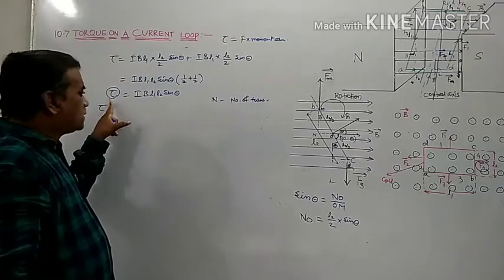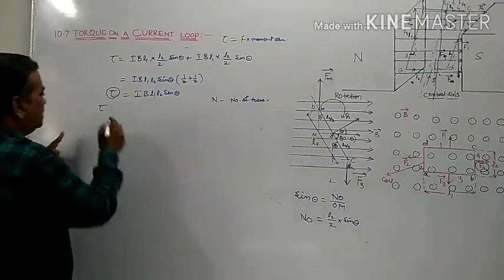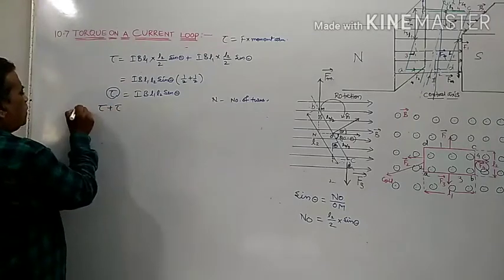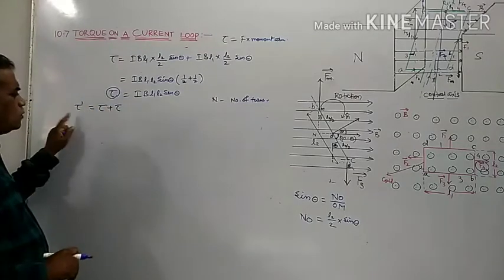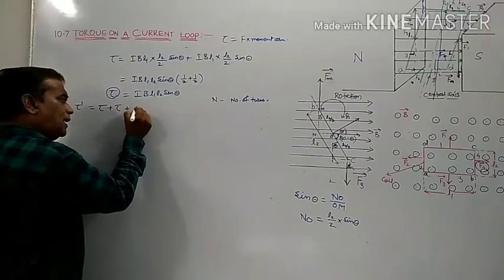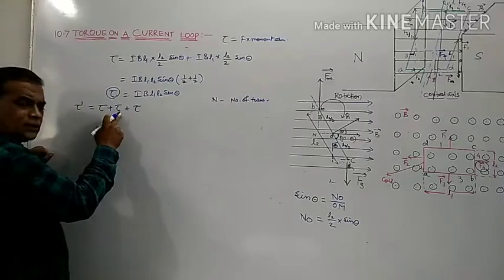We know the torque acting on a single turn is tau. If the coil has 2 turns, the net torque tau dash is tau plus tau. If the coil has 3 turns, tau plus tau plus tau.